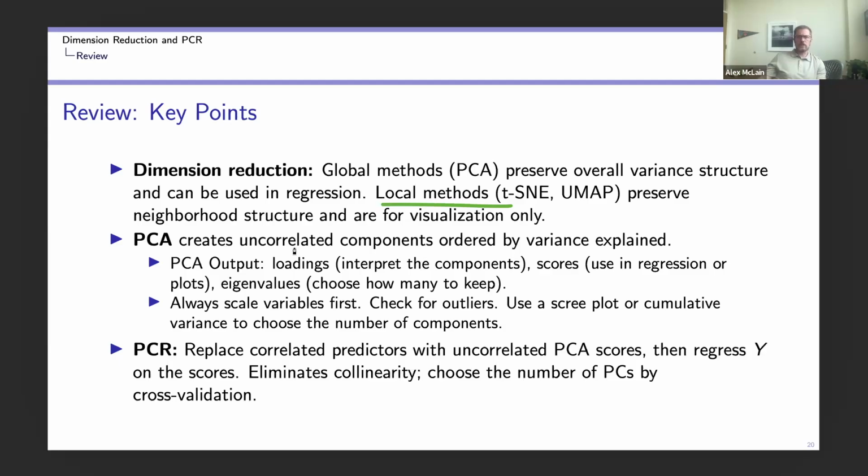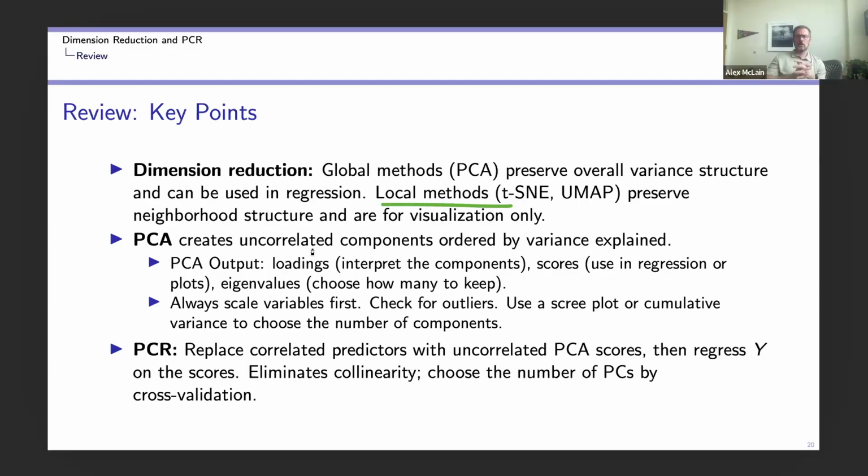The PCAs, some of the properties of them: they're uncorrelated. PCA1 has a correlation exactly equal to 0 with PCA2, 3, 4, and so on and so forth. And they are ordered by how much variance they explain. So PCA1 is going to explain the most, PCA2 the second most.